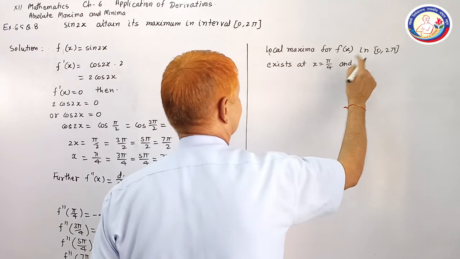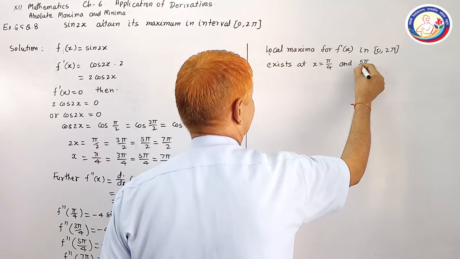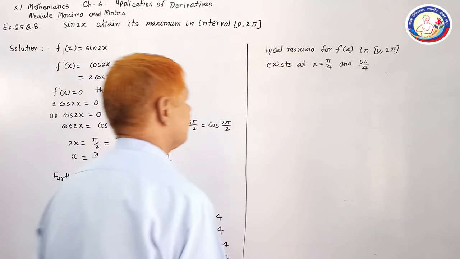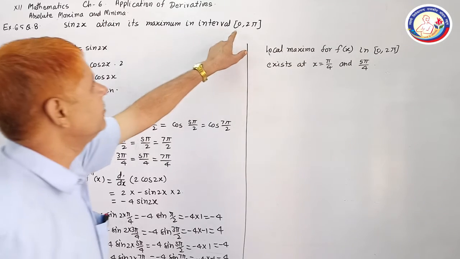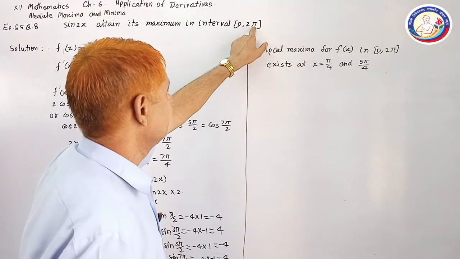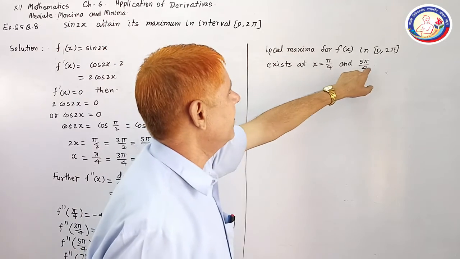And pi by 4. Now what are the values of the function at 0, 2 pi, pi by 4 and 5 pi by 4?